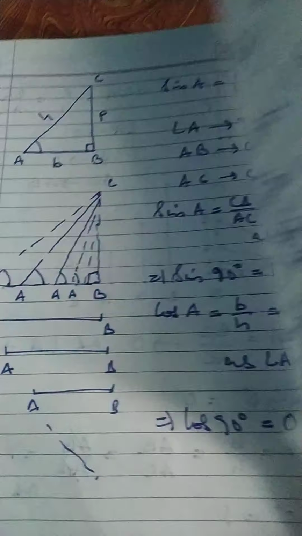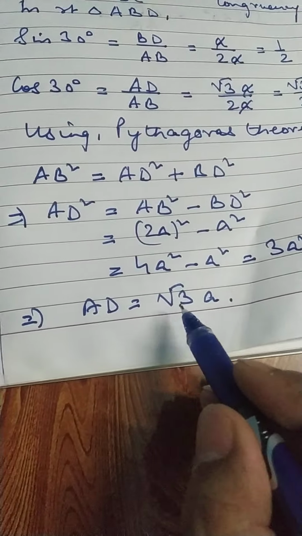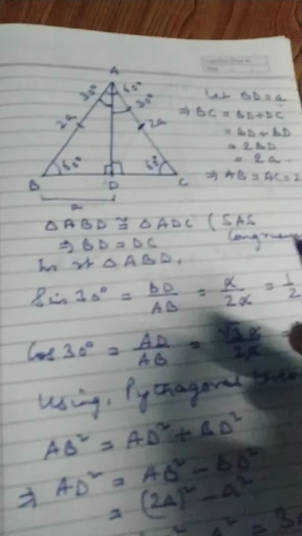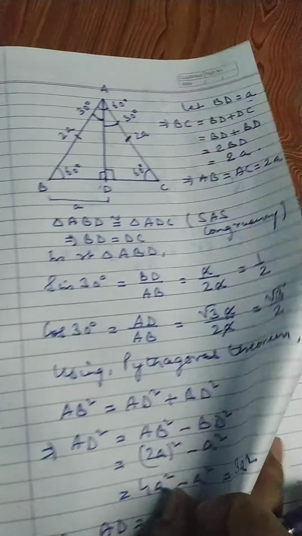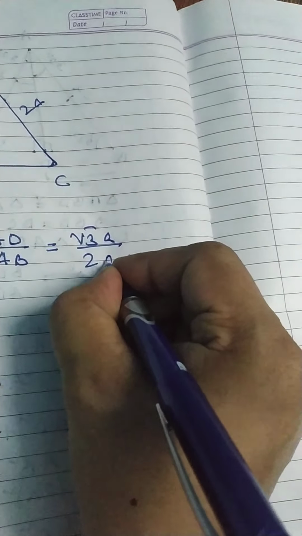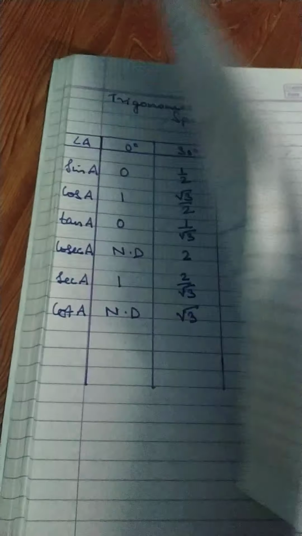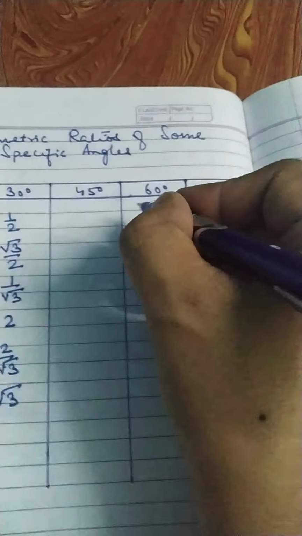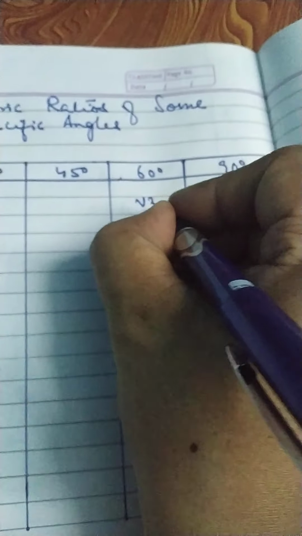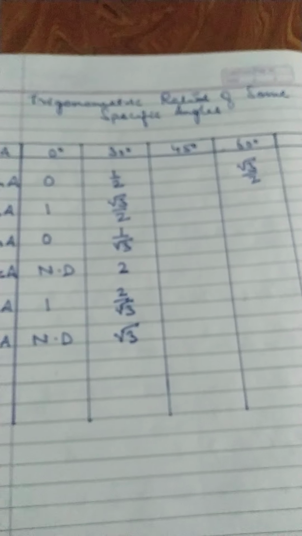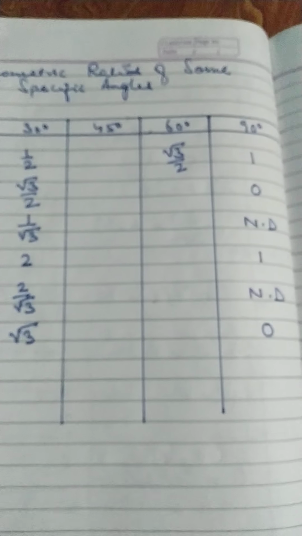We know the length of AD, we have found as root 3A, and AB we have found as twice of A. So the A gets cancelled out, so this is equal to root 3 by 2. Now sine 60 is root 3 by 2.